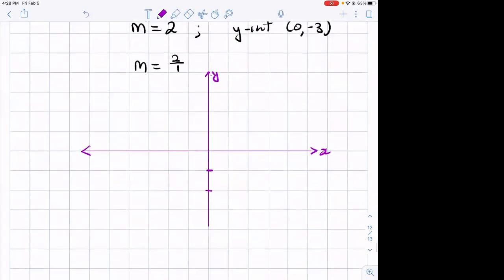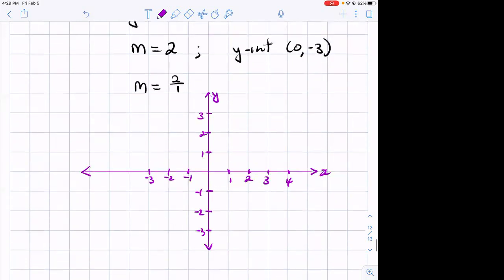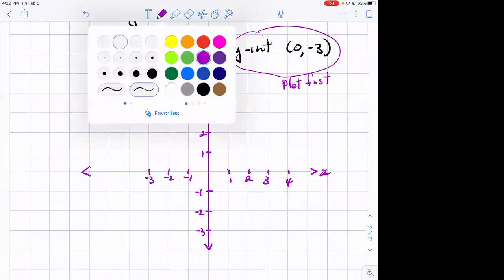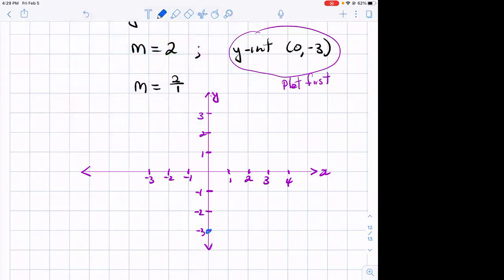So we have negative 1, negative 2, negative 3. The first point I'm going to plot is the y-intercept. We always plot it first. So if I plot that point, 0, negative 3 will be here.